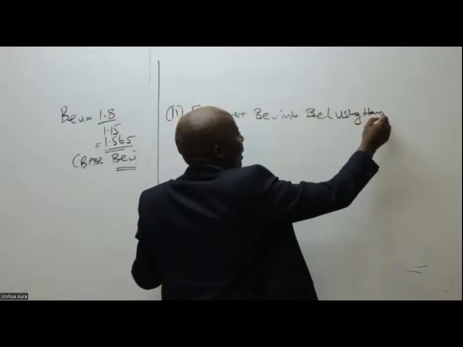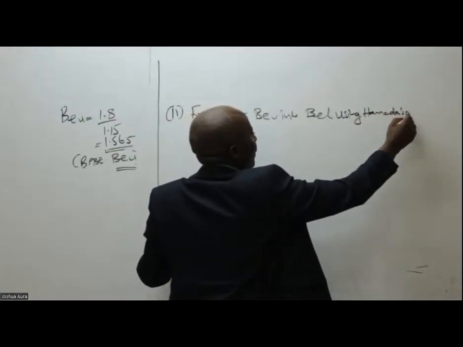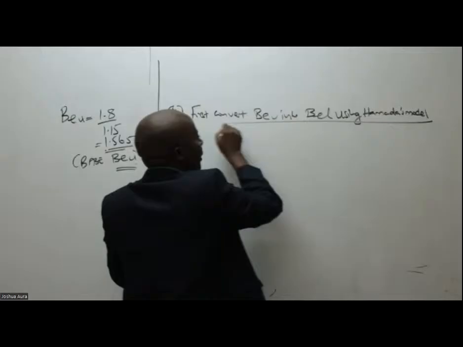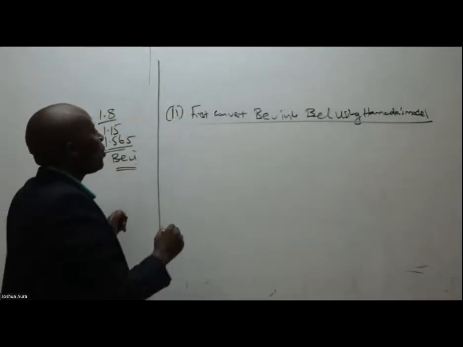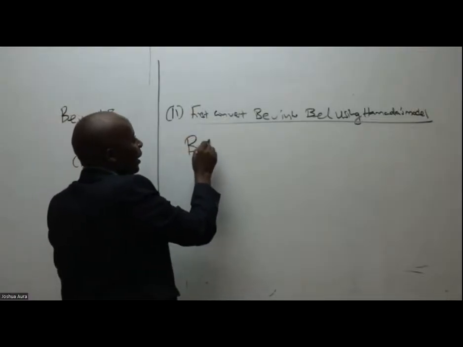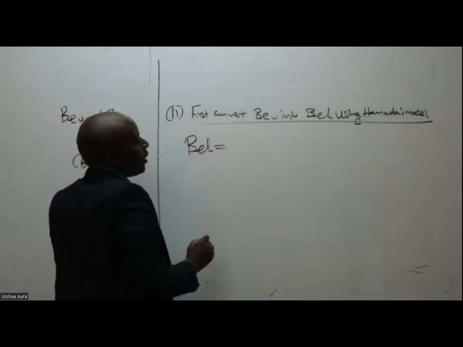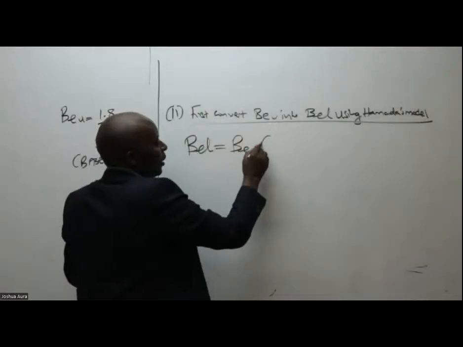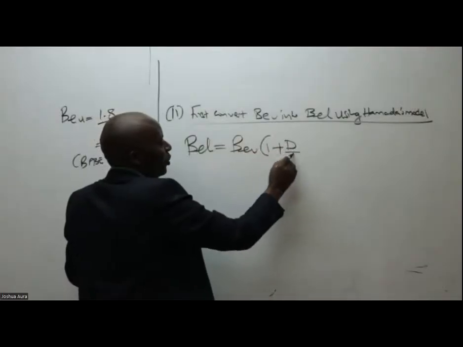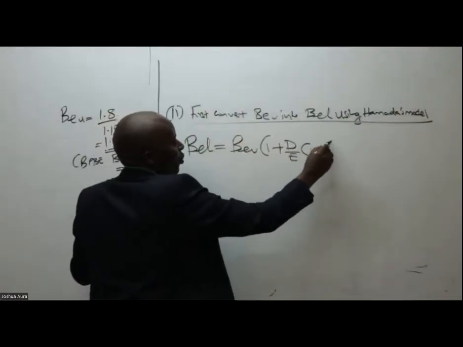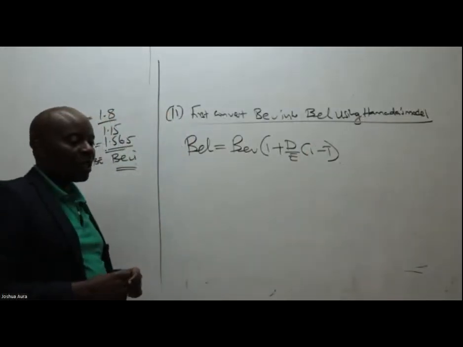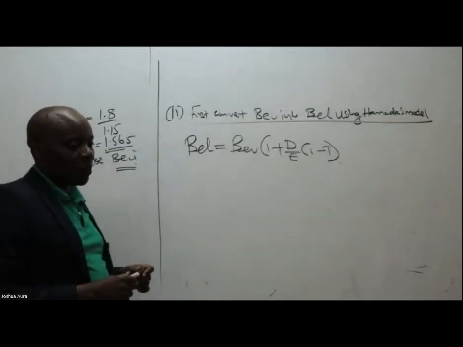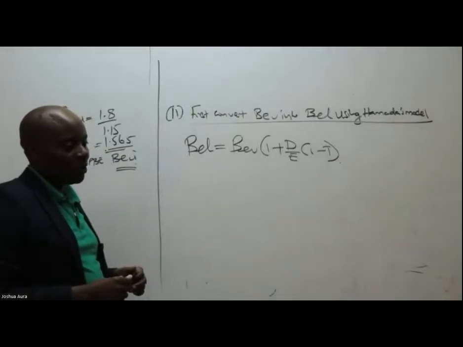Using Hamada's model, we know the formula that BEL equals BEU into 1 plus debt over equity into 1 minus taxation.